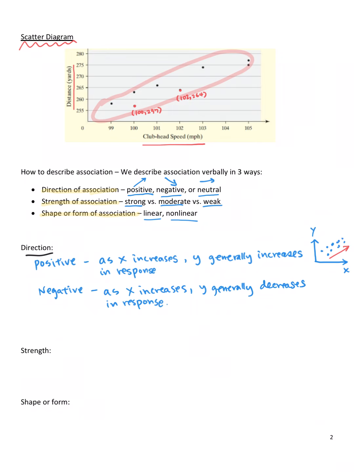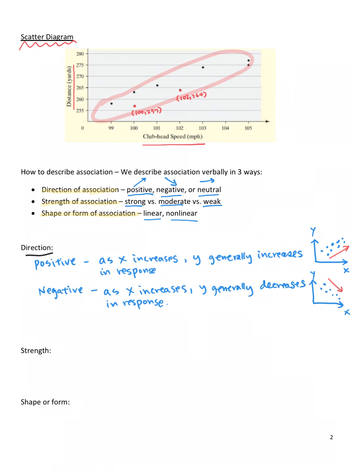This is what we mean by a negative association, and here is an example of how it looks like. Like that. So going down this way.